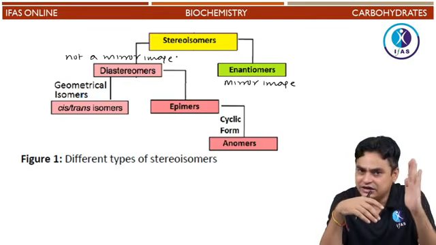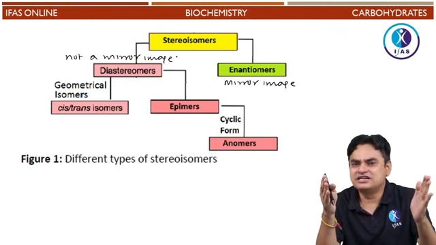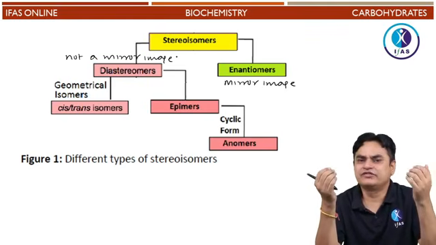For example, D-glyceraldehyde and L-glyceraldehyde are mirror images of each other, so they are enantiomers.